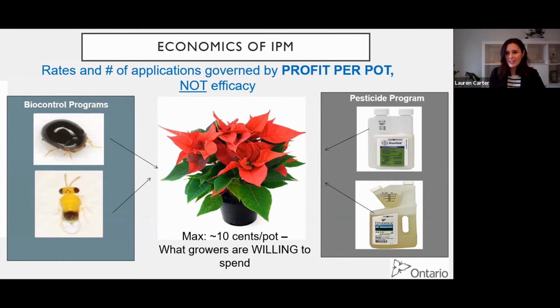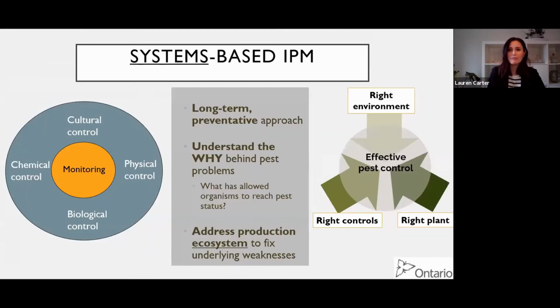So how do we manage this? This sounds like an impossible task. Well, it really comes down to thinking differently about our environment. So this is sort of the simplified model over here of IPM. We've got our different tools we can use. But this is sort of a newer model that we've started thinking about called systems-based IPM.